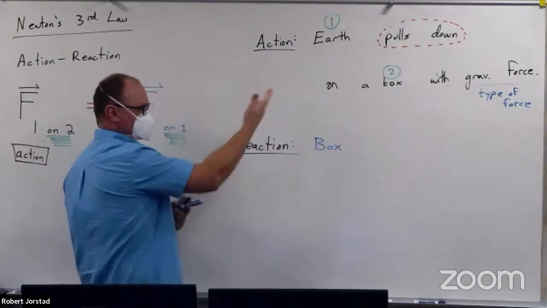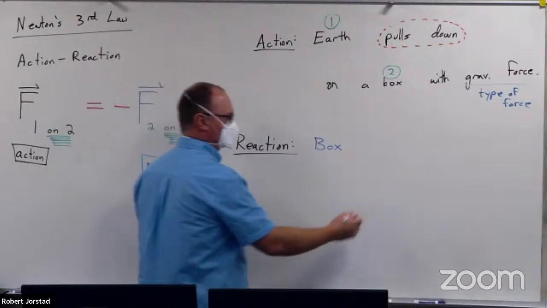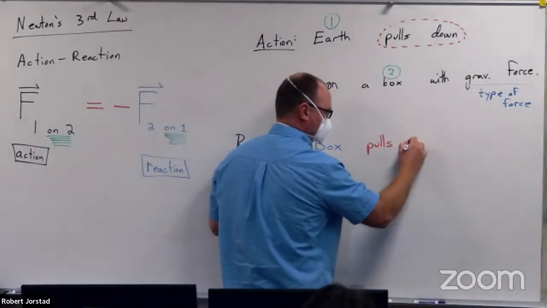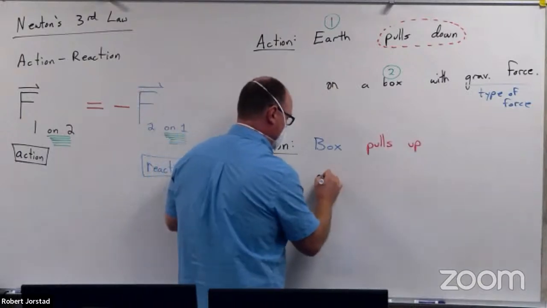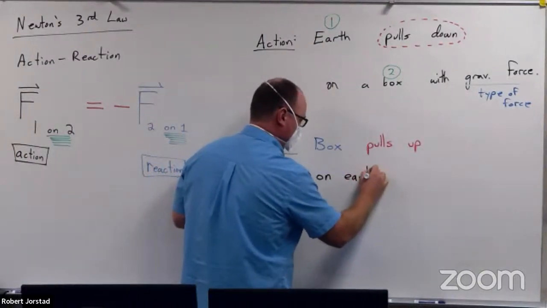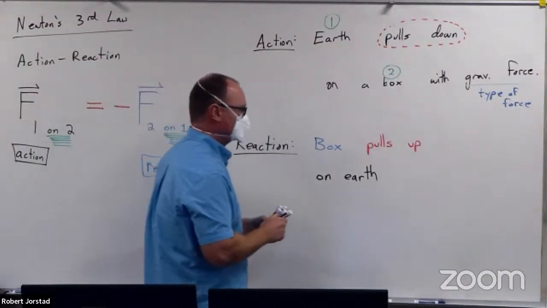What happens to the direction? So it's now, instead of pulling down, it will be pulls up on what object? Earth. On the earth. With what type of force? Same type of force.